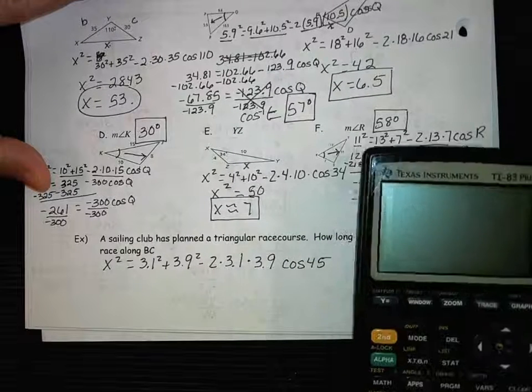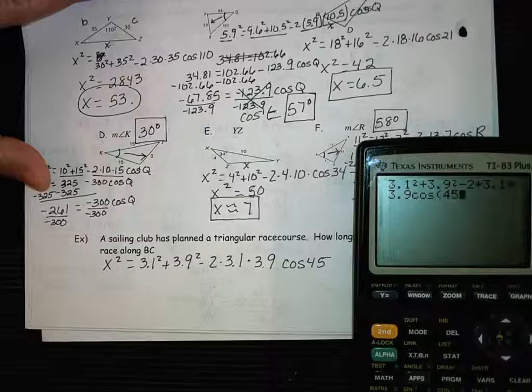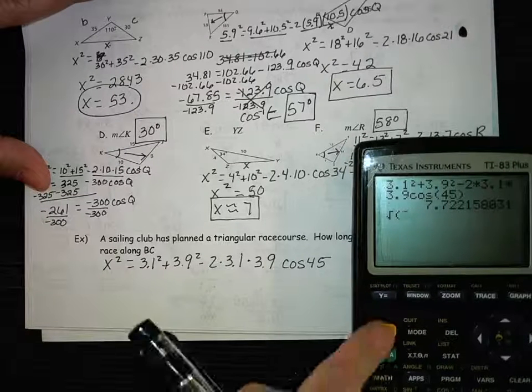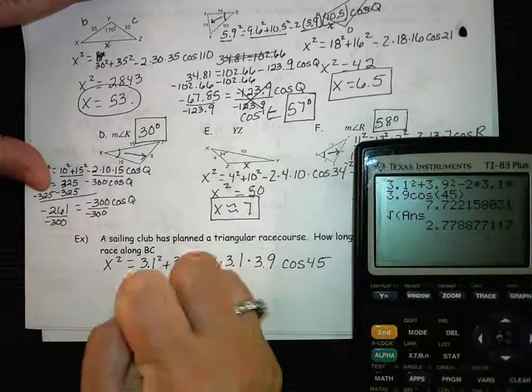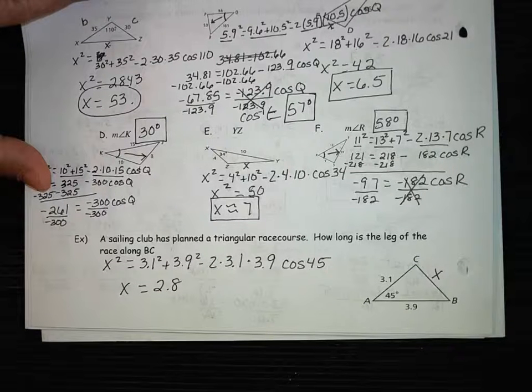And once you get those numbers in there, it's just a matter of entering it into your calculator. 3.1 squared plus 3.9 squared minus 2 times 3.1 times 3.9 times the cosine of 45, excuse me. And then we square root that answer, and that ends up being right about 2.8. It doesn't say what our units are, so 2.8 units long.